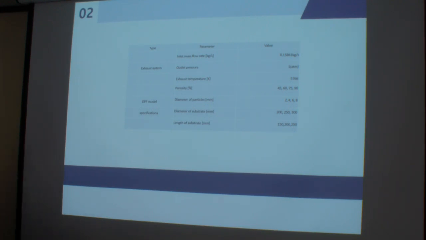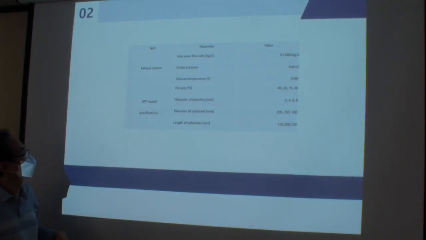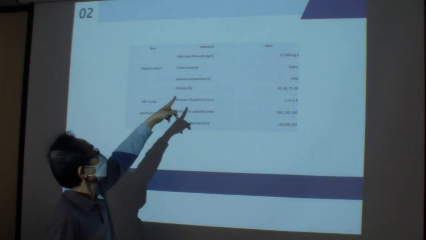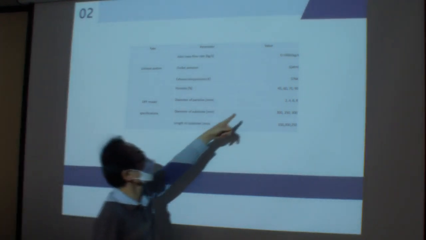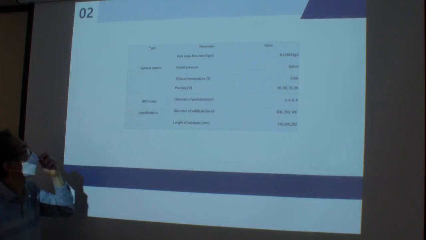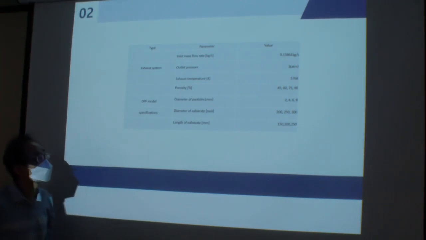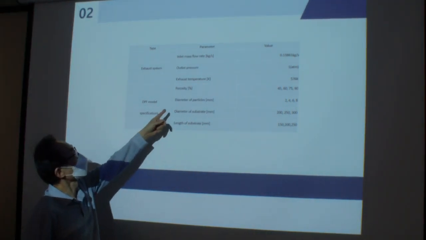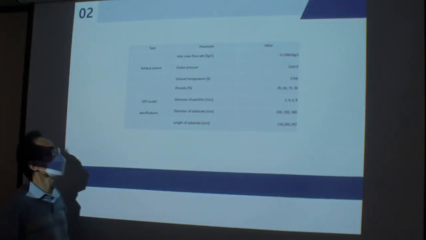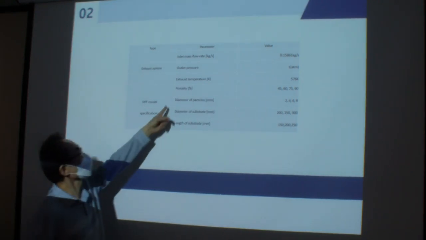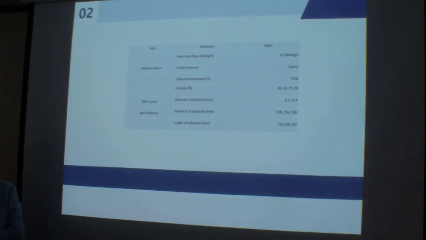This is a table for the feature system and DPF models and specifications. The inlet mass flow rate is applied for this flow, and the outlet temperature is 1 atm. This is atmosphere temperature. The inlet temperature is 576 Kelvin, and the porosity is different.